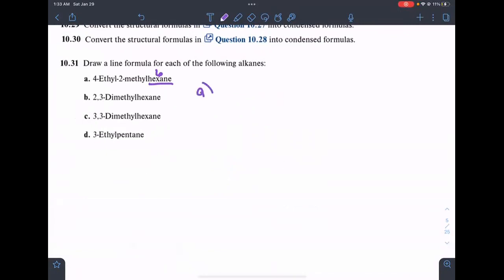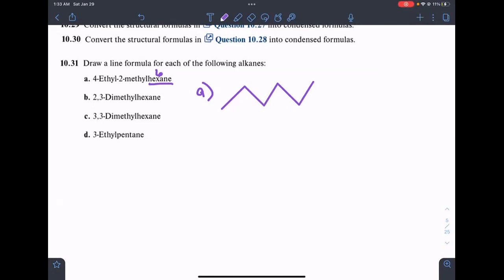So let's try to draw A. So I know I'm going to need something 6 carbons long. So I'm going to go 1, 2, 3, 4, 5, 6. All right. So you got to know which carbons these side chains are coming off of, because we did the parent hexane.